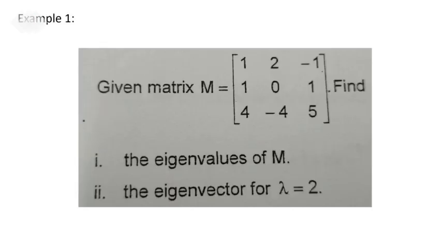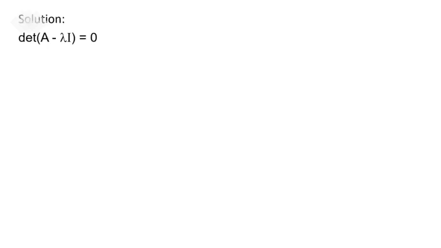Okay, example, given matrix M, this one. Find the eigenvalues of M and also the eigenvector for lambda equals 2. Solution. First, you have to write down determinant A minus lambda I equals 0.